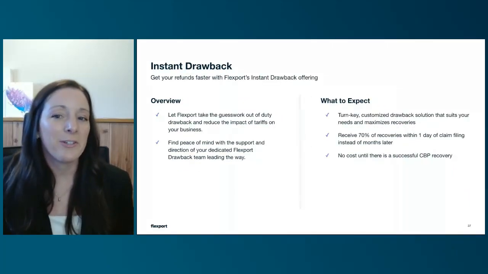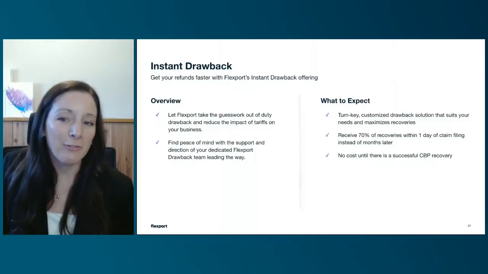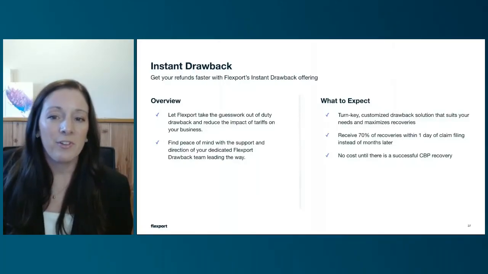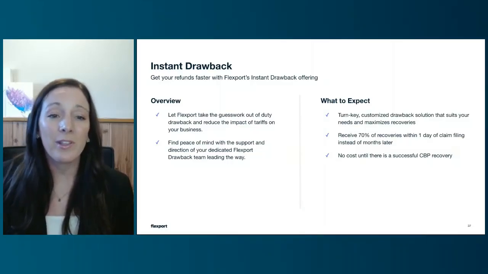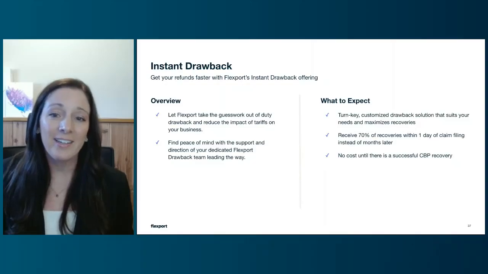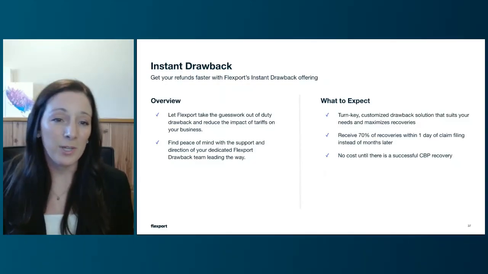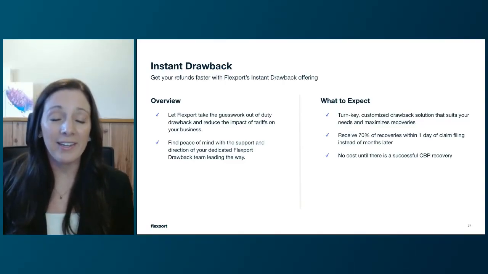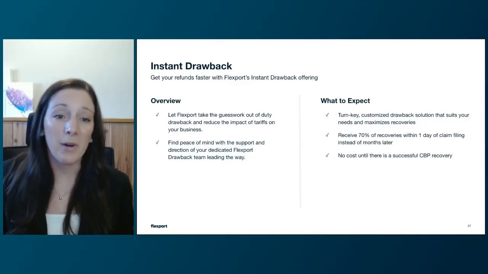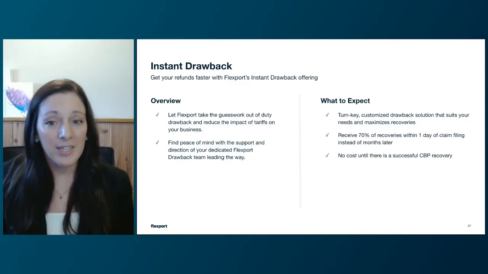Instant drawback is one of our clients' favorite Flexport offerings. If enrolled, Flexport will outlay 70% of your total claim value within 1 day of claim filing, instead of that 4 to 6 weeks later if approved for accelerated payment, or if that accelerated payment approval is still pending, you may be waiting 4 to 6 months or even up to a year.